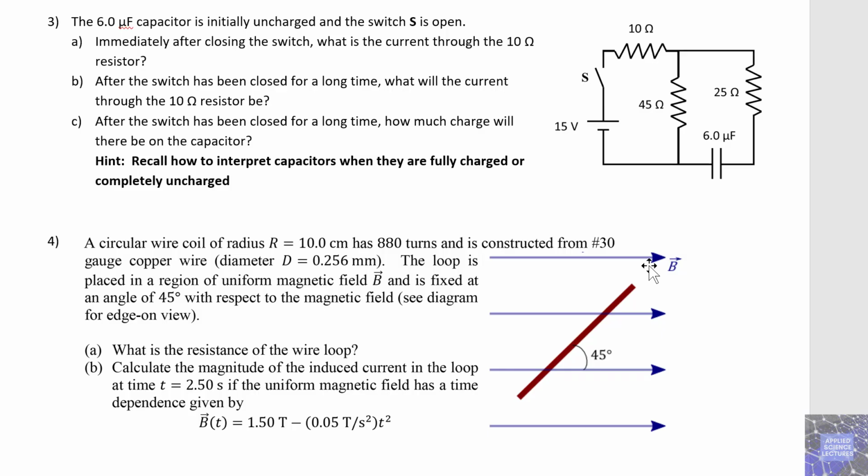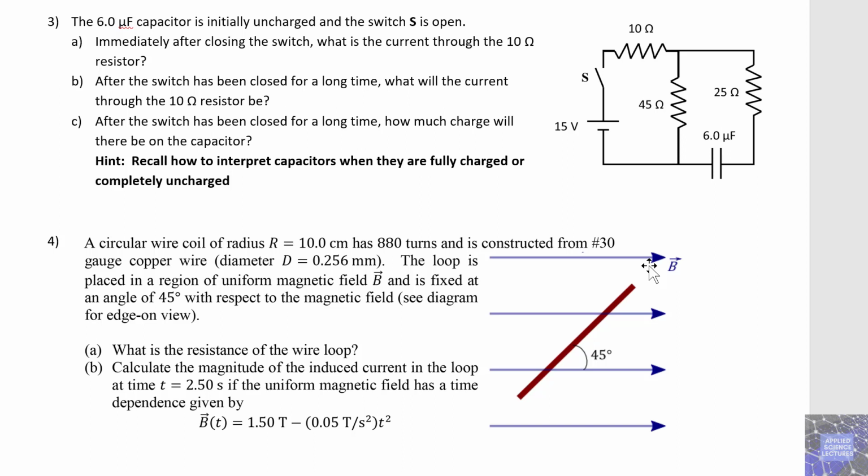The last question is: a circular wire coil of radius 10 centimeter that has 880 turns and is constructed from number 30 gauge copper wire. The diameter for that standard is 0.256 millimeter. So this is the diameter of the wire.